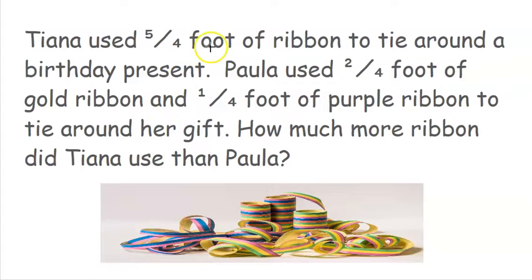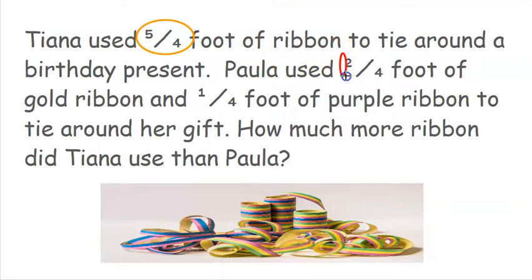So I'm going to read it again, and I'm going to think about the important information, because what I have to focus in on is that there's two different people here using ribbon, and then what my question is asking me as well. So Tiana used 5/4 foot of ribbon to tie around a birthday gift.